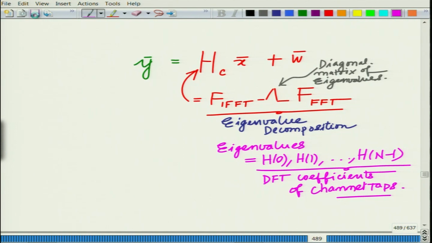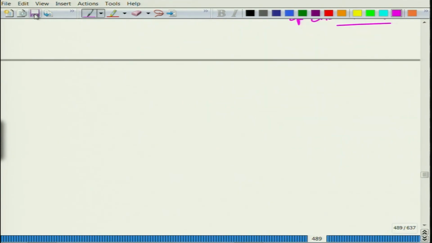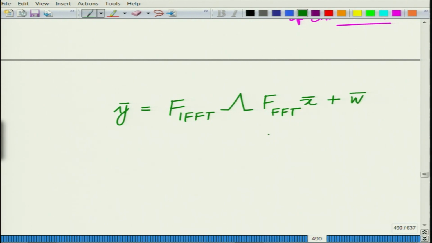These are the DFT coefficients of the channel taps, and therefore, if you substitute this, you will have y bar equals F of IFFT times lambda times F of FFT times x bar plus w bar.